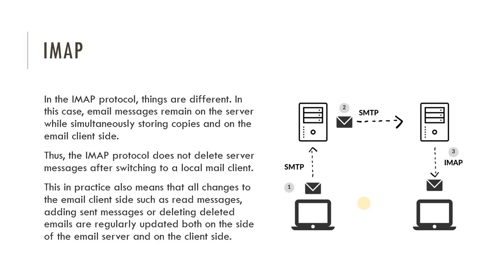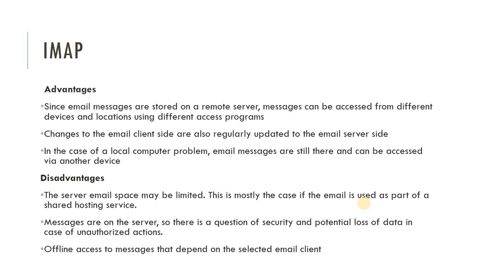So the advantages of the IMAP protocol are: since mail messages are stored on the remote server, messages can be accessed from different devices and locations using different access programs. Changes on the email client side are also regularly updated on the email server side, as I already said. In case of a local computer problem, email messages are still there and can be accessed via another device.